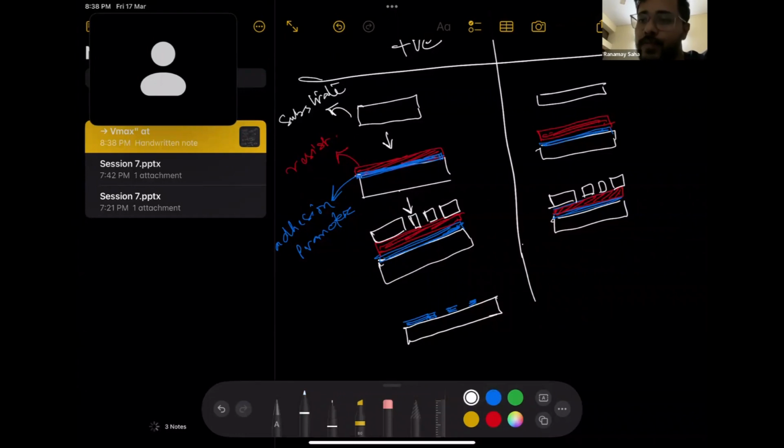So if you project it out, anything which will be exposed will be washed away.